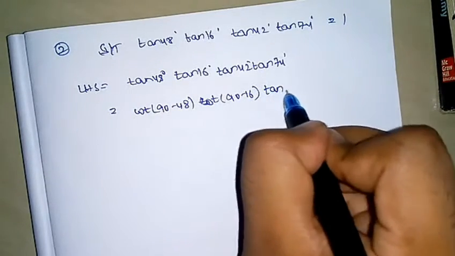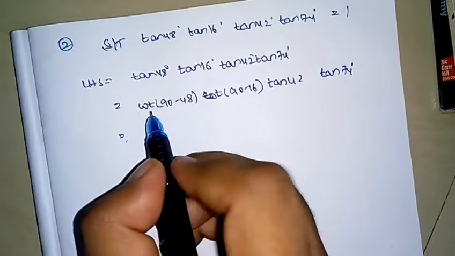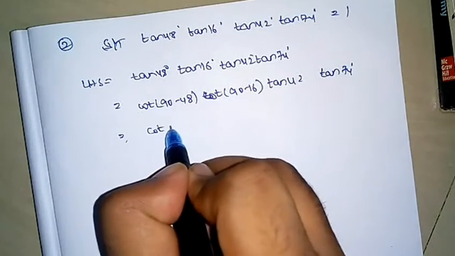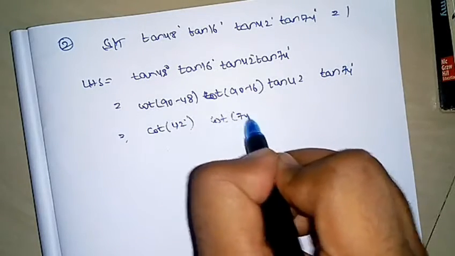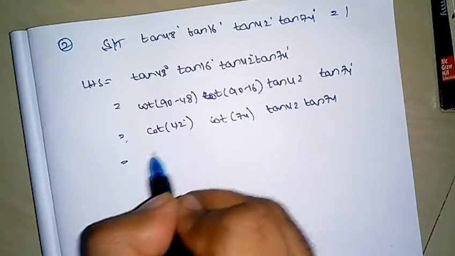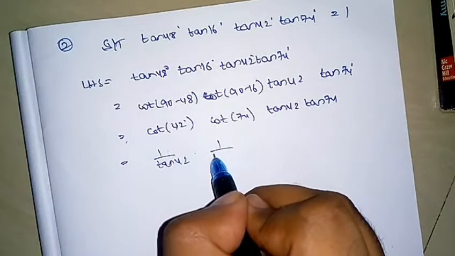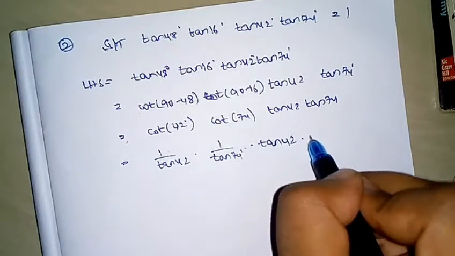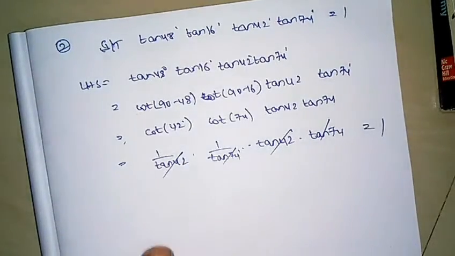Let the remaining be as it is, tan 42 into tan 74. Cot (90 minus 48) is cot 42 into cot (90 minus 16) is cot 74 into tan 42 into tan 74. Cot 42 can be written as 1 by tan 42, cot 74 is 1 by tan 74, into tan 42 into tan 74. You can cancel these. This should be equal to 1.